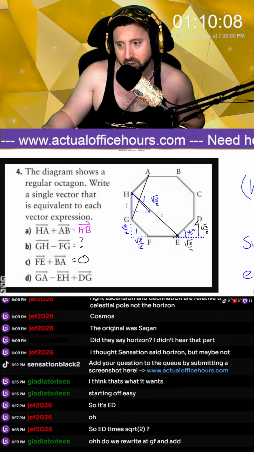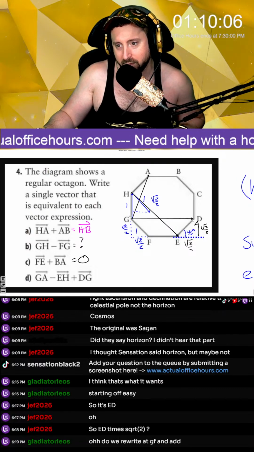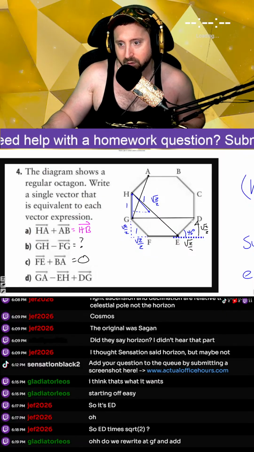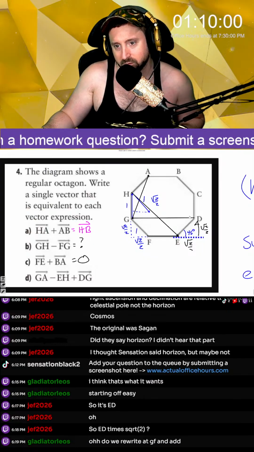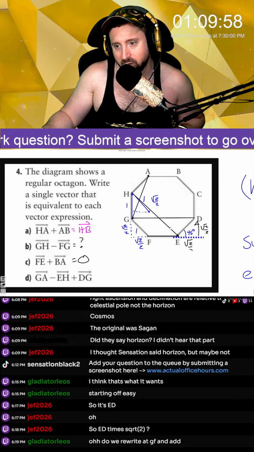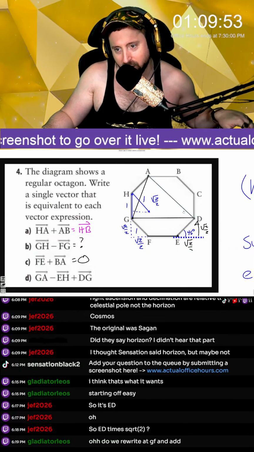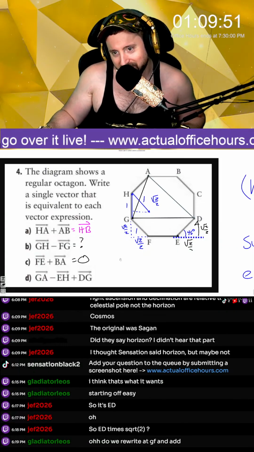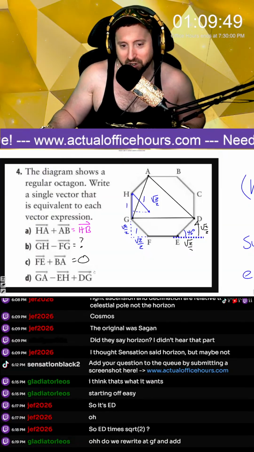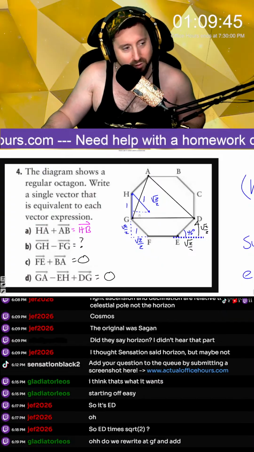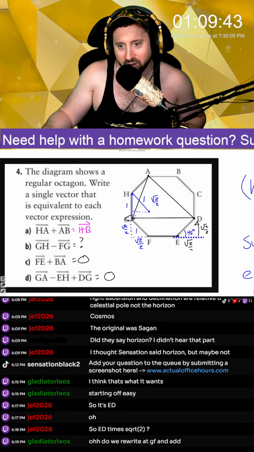And then you got plus DG, which is that way. And then if you move that EH vector up to A, so that it's going A to D, bingo, triangle. Then it's just 0. That's actually pretty cool.